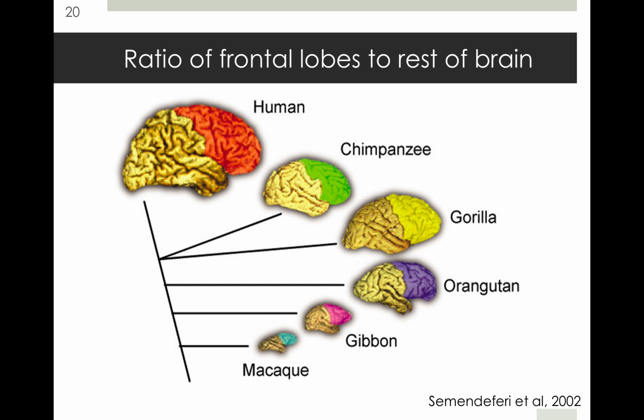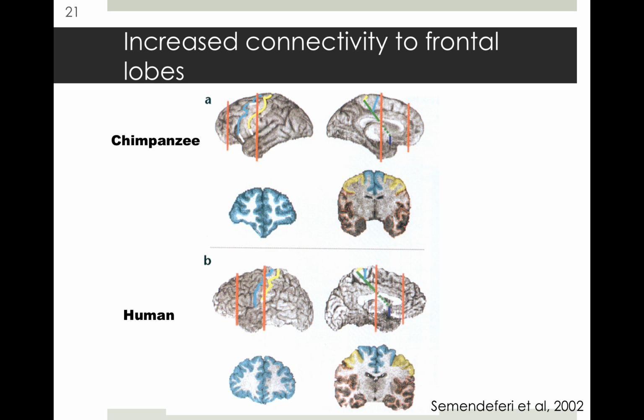And so this is just comparing the ratio of frontal lobes to the rest of the brain. And so from this, you might conclude that maybe it's the ratio of frontal lobe that gives rise to intelligence.